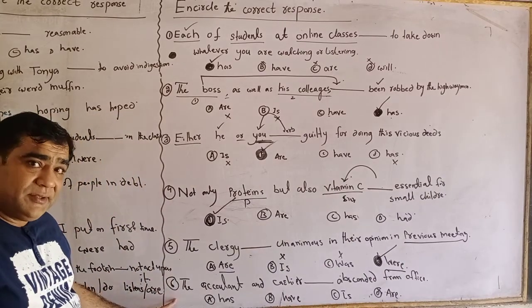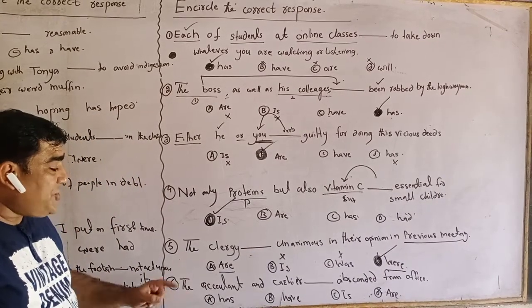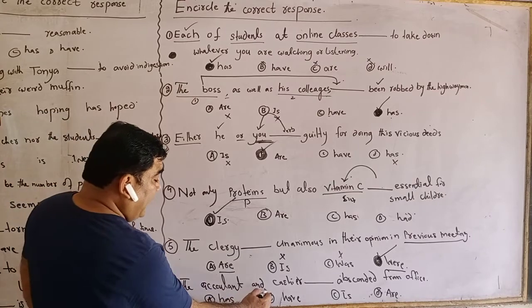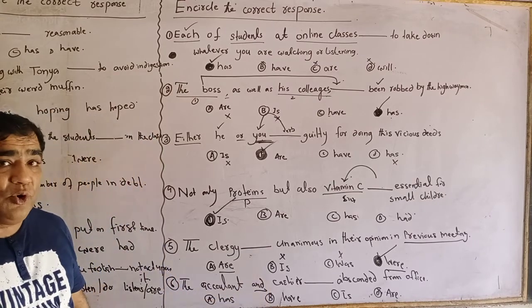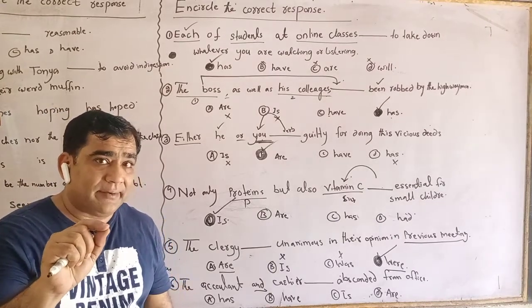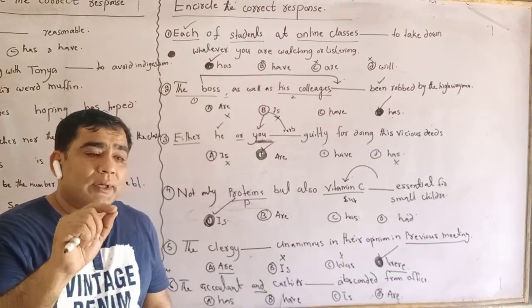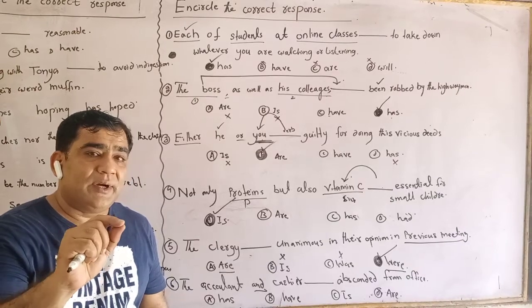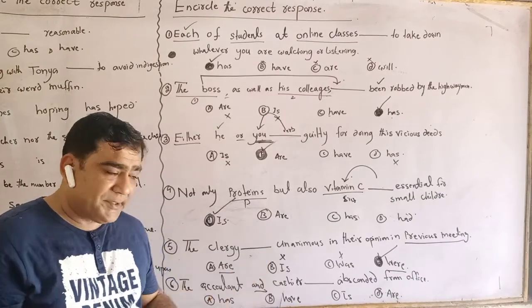Coming to the next, the cashier and accountant. It's written and. I have told you six rules of and, how to make a conjunction with the word and between two words.